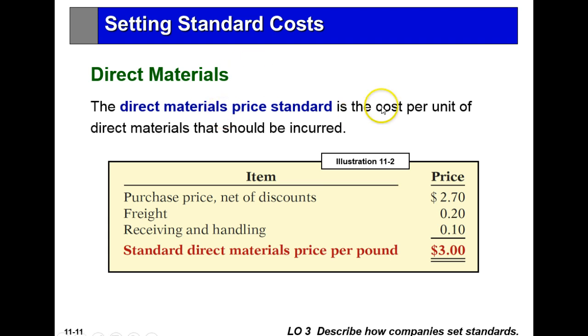As it relates to direct materials, the standard price is the cost per unit of direct materials. So we should have here the purchase price of the material, plus whatever other expenses are incurred to get the product here. This price of $3 per pound we set as the benchmark of what we should be paying for material.